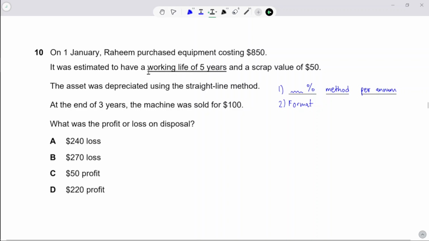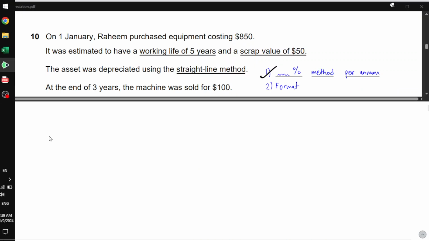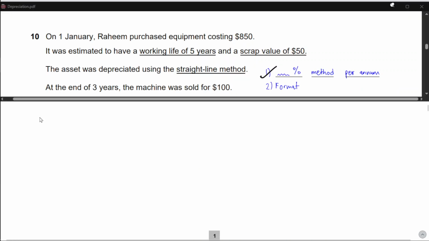Then I think the percentage is actually the $50, and the method you're using is the straight line method. So let me draw the format.